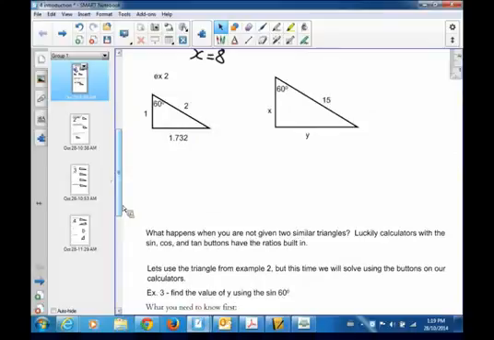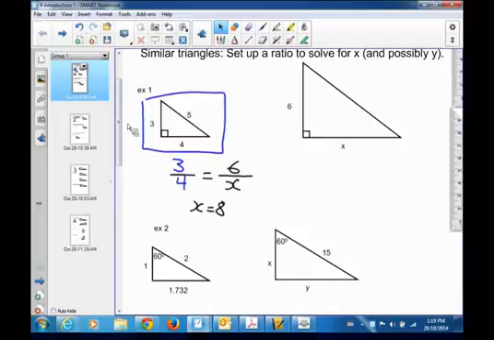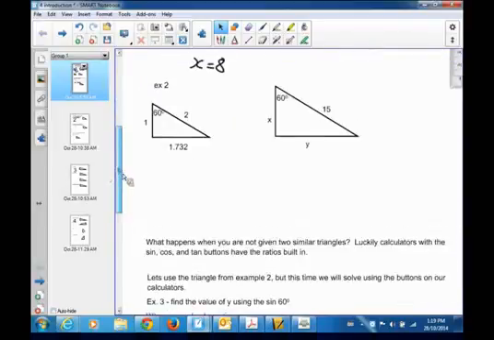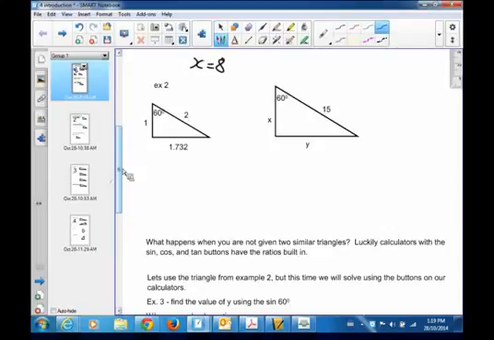What about when we don't have nicer numbers? Oh, it says set up for x and possibly y. Well, I can't do them both at the same time, but I'm going to use blue again here. I'm going to just rewrite the numbers so you know where I'm getting my blue numbers from. 1.7, 3, 2. You have them down in black. That's fine to keep them in black. It's just so you can tell where I'm getting the numbers from.